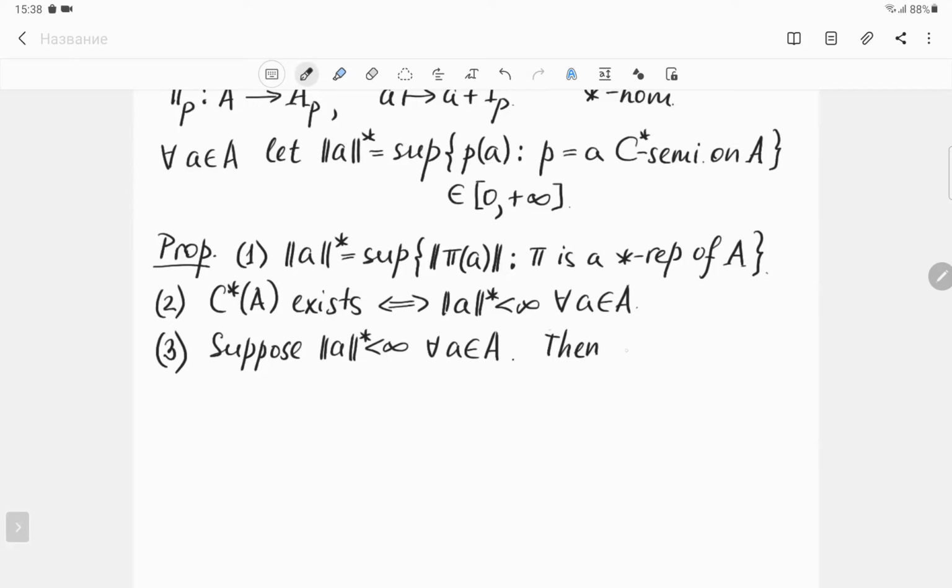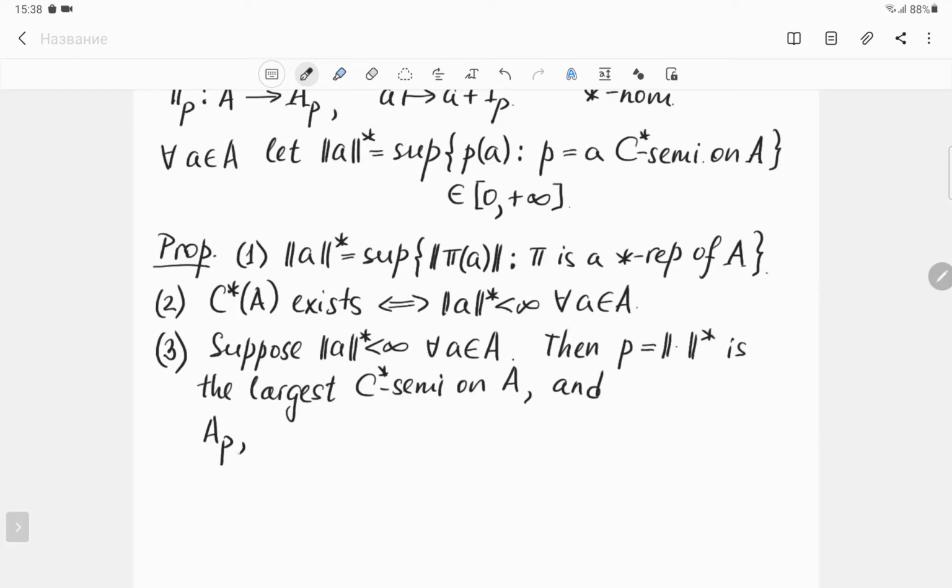First of all, this function, which is now finite, that's denoted by P. This is a C-star seminorm, and moreover, this is the largest C-star seminorm on A. And if we look at the respective C-star algebra AP, together with the homomorphism pi P, this pair is a C-star envelope of A.